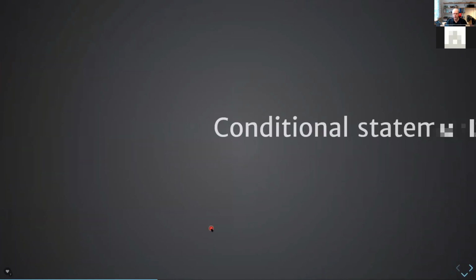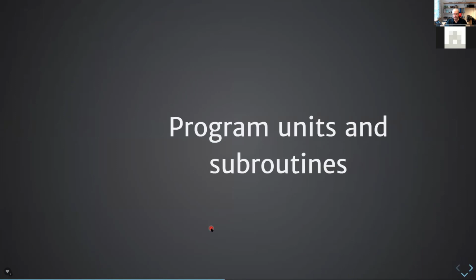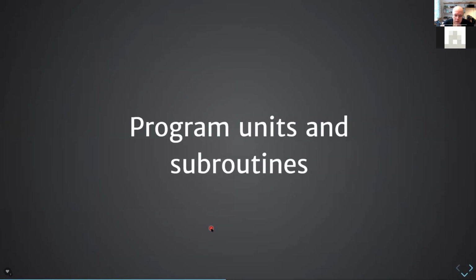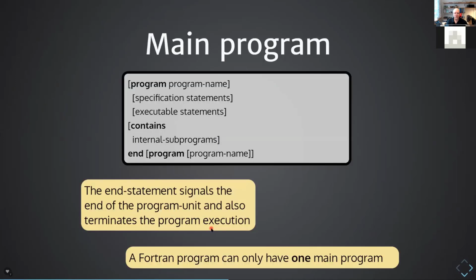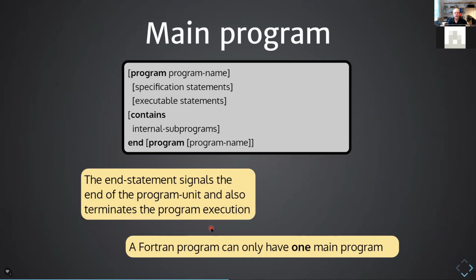So let's continue here with something about the structure of Fortran code. You have seen before that the main program in Fortran is a single file with the keywords program, contains, and end program.